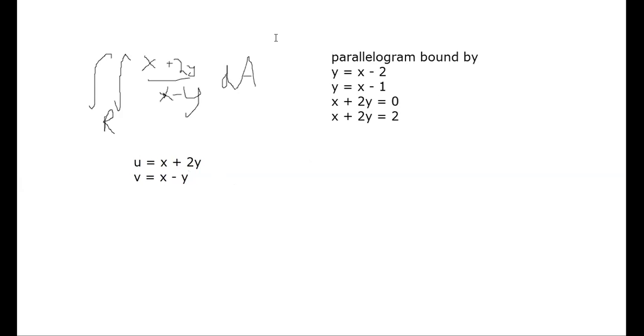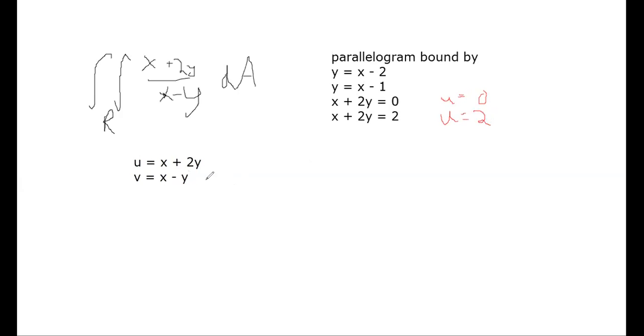Because if we plug this stuff in, we get u = 0 right away, and u = 2 below.